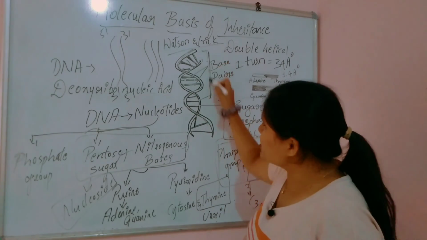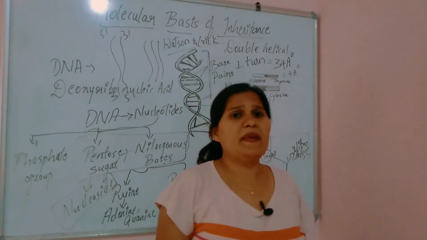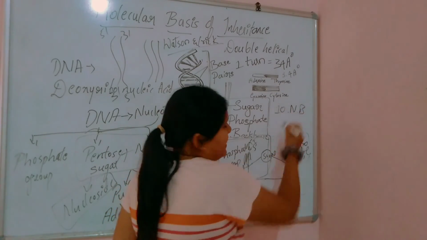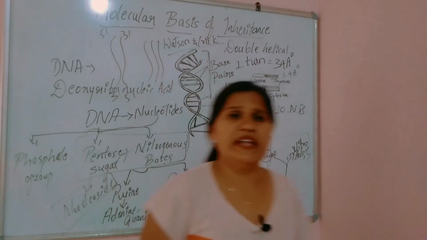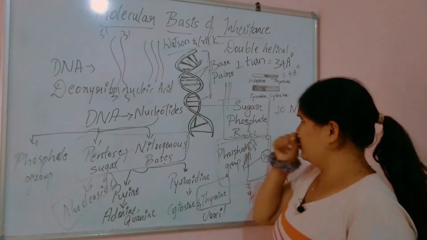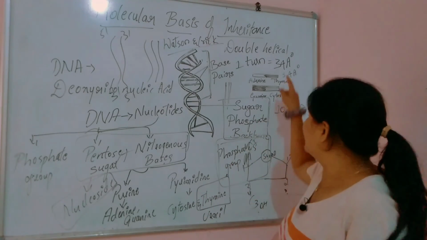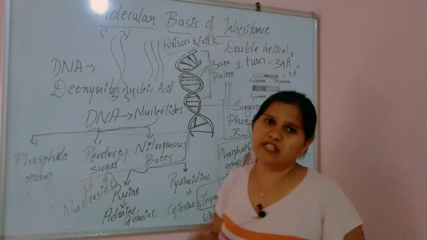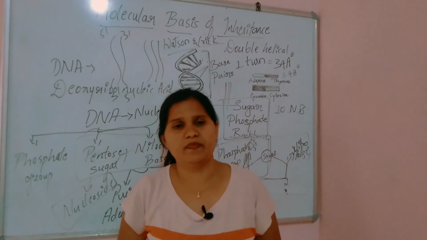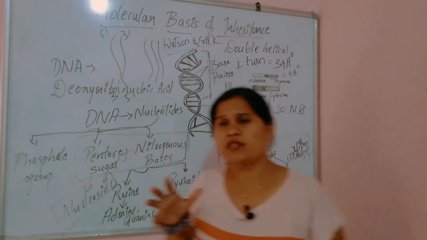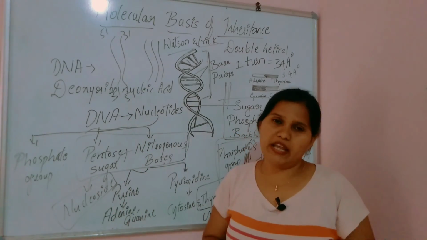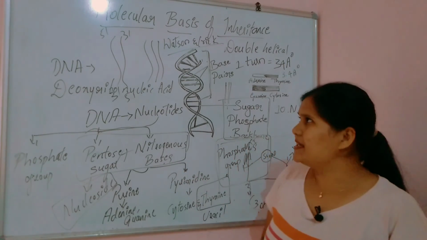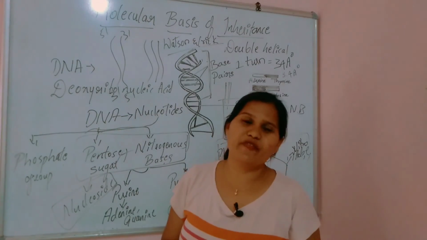Because in each turn, there will be the presence of what? 10 nitrogen base pairs. Okay, in the sense 20 bases will be present. So when you divide 34 by 10, we get 3.4 angstrom. That will be the distance between each nitrogen base. Is this clear for you? So this is all about the structure of DNA, which is very basic. Please do remember this. Okay. And this completes the structure of the DNA.